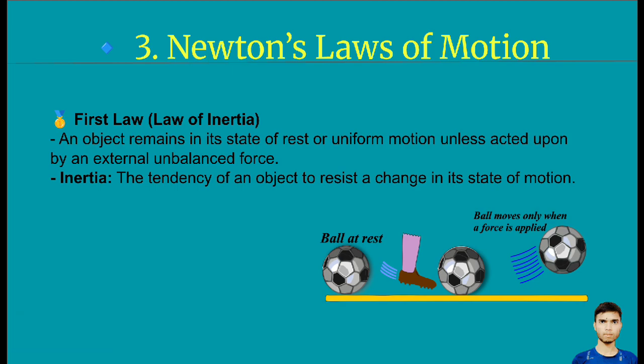If we apply an external force on a moving object, that object can be stopped, or its speed can be increased or decreased. This is what will happen when we apply an external force on a moving object.